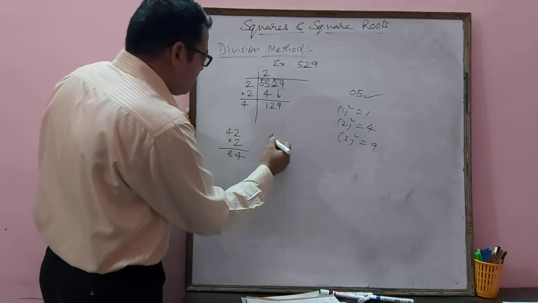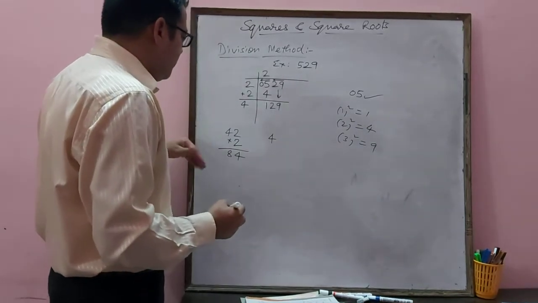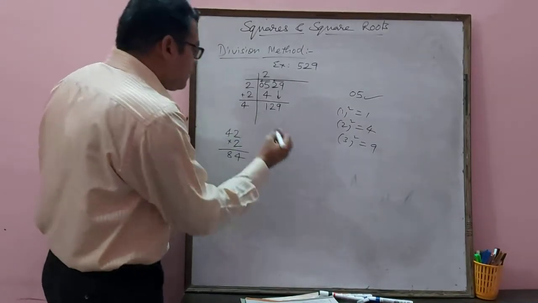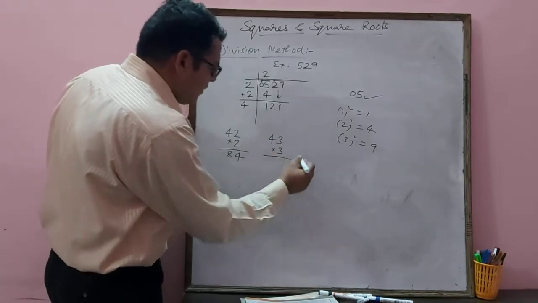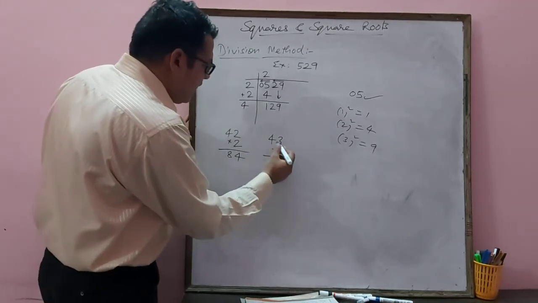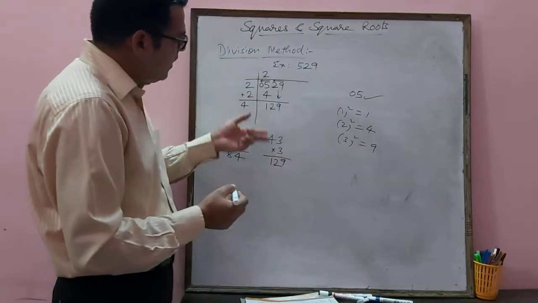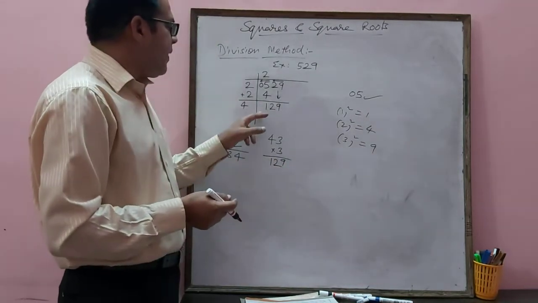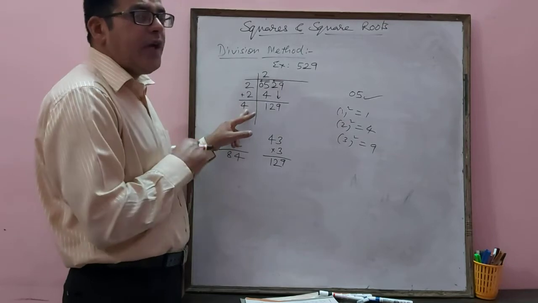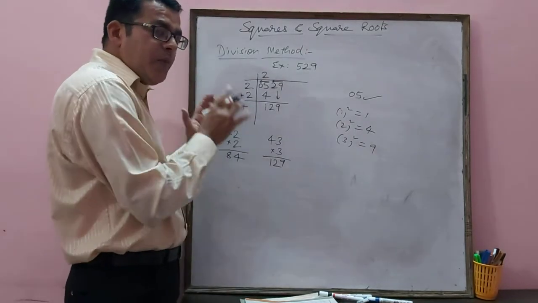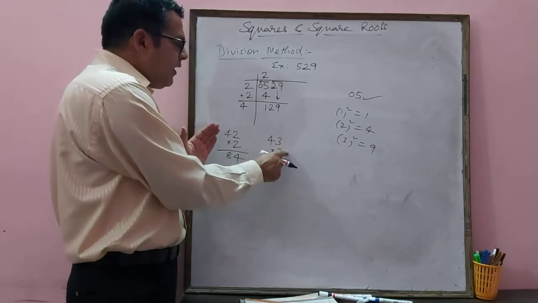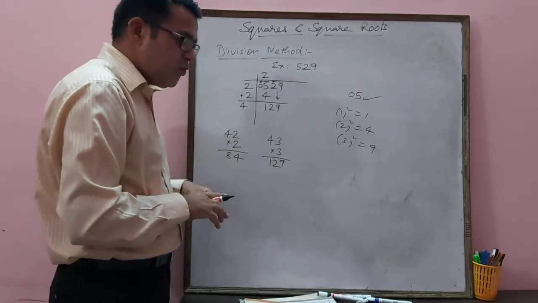So let's take next number. So 3 we can take here, and 3 also we have to multiply it by 3. So 3 3s are 9 and 4 3s are 12. Now you can see if we multiply it by 3, since 4 already we have here, now it becomes 43. So if we multiply 43 by 3, we have 129.